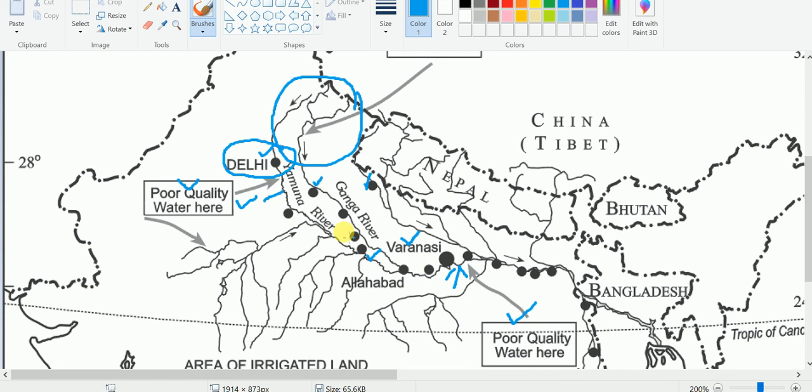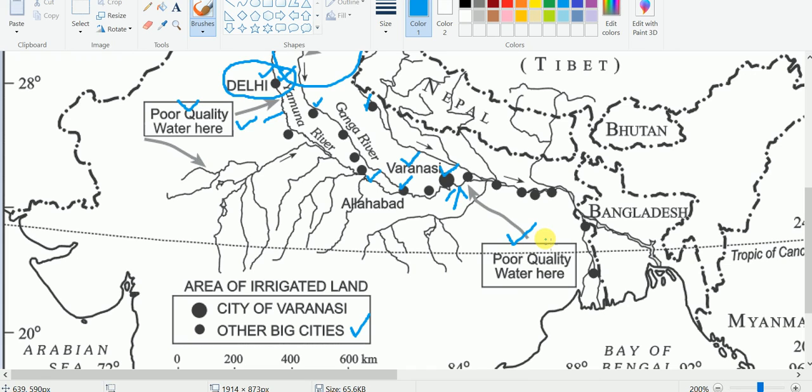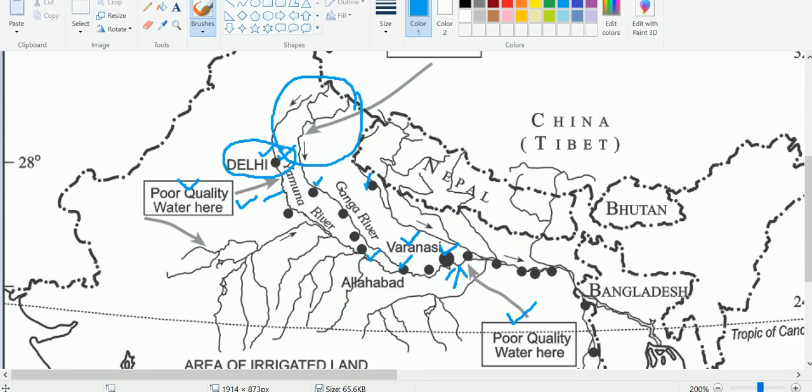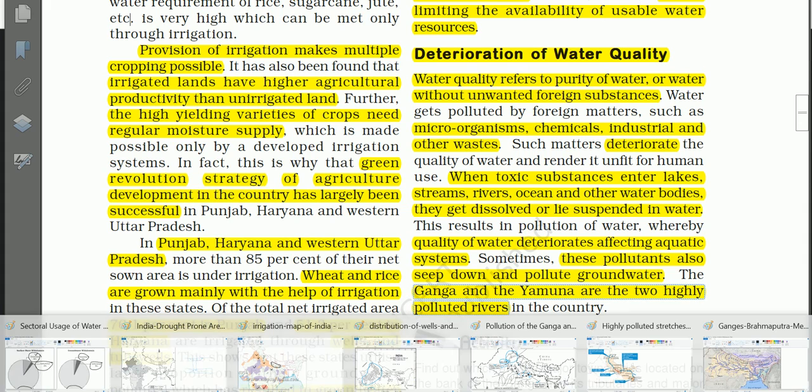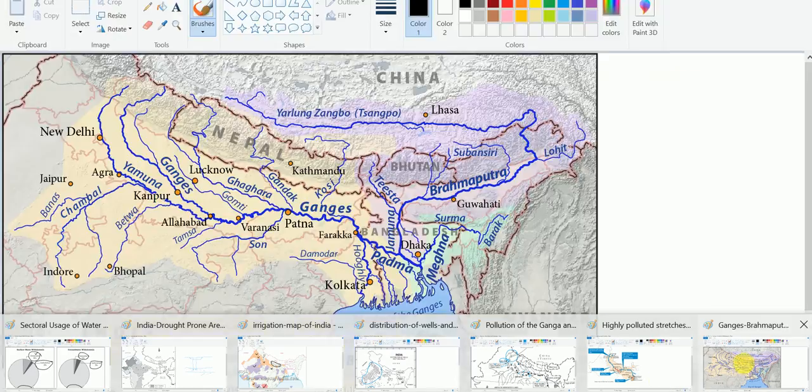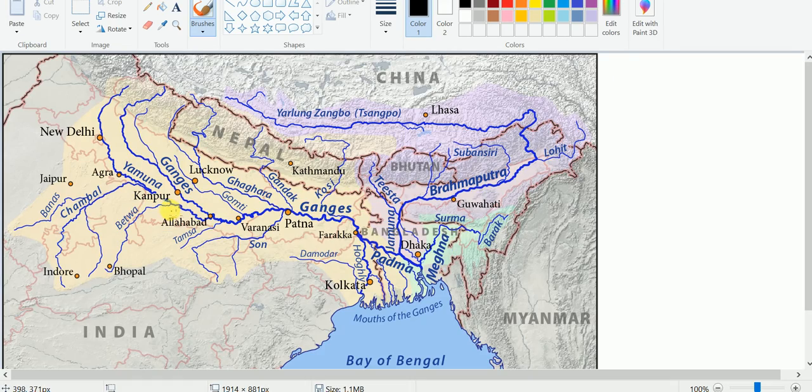In this map we have located Delhi. So this is Delhi, and this one is Allahabad, right? And this one is Varanasi. Can you tell me the others? Let us look at this map. The major polluting cities of the Yamuna and Ganga rivers are here.